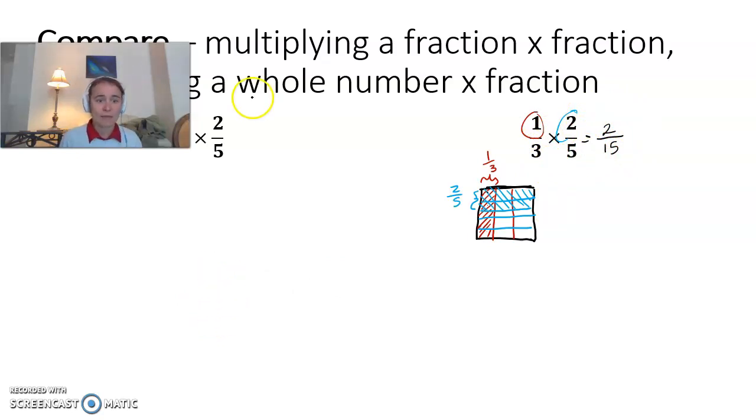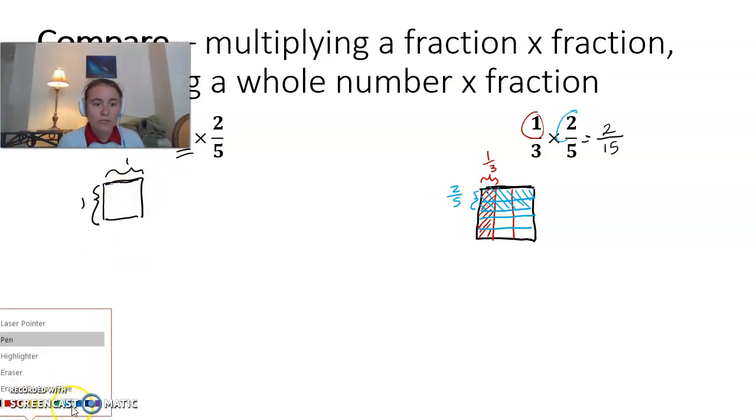Now let's see what happens when we multiply 3 times 2/5. I'm going to again start out by drawing my 1 by 1 square. All right, I want this side of my square to represent my first factor, 3. Do I have enough squares to represent 3?